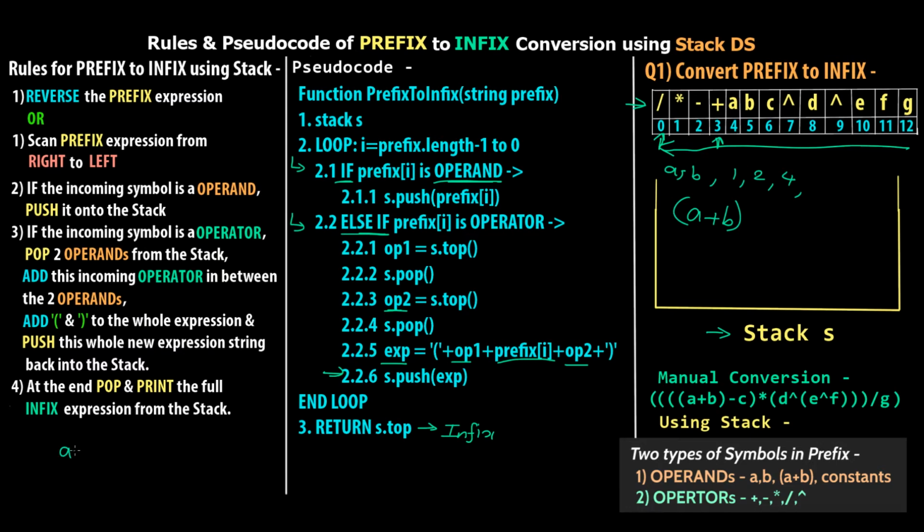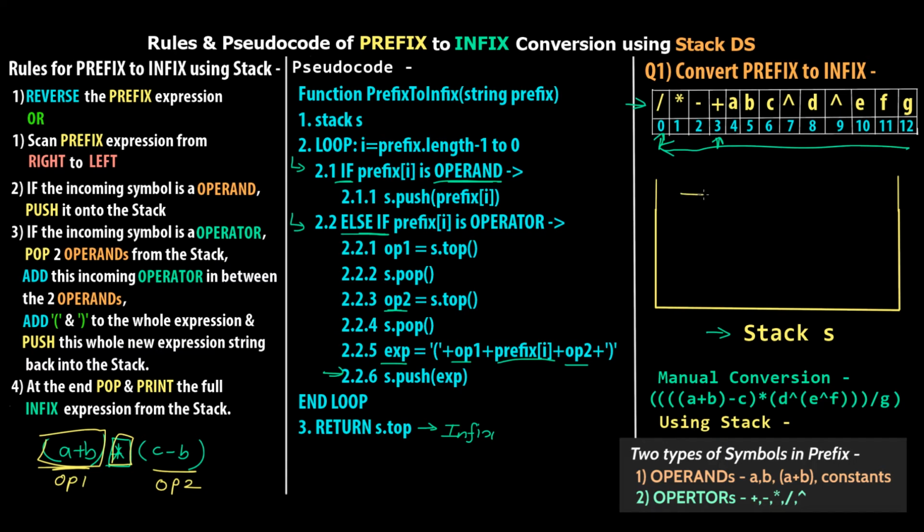So imagine a plus b star c minus d. For this star operator, the two operands are a plus b as op1 and c minus d as op2. So for this star operator, this is one complete operand. So this also can be an operand, right? So this is one scenario. And the second scenario is obviously, if it is not an operand, then it is going to be an operator.